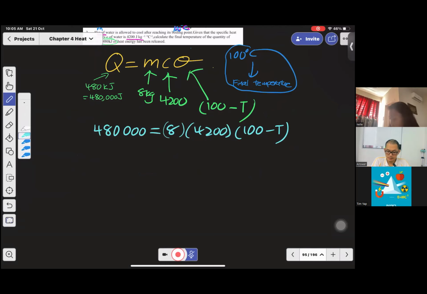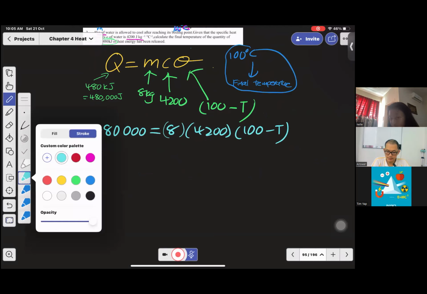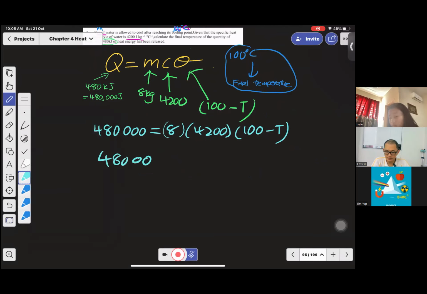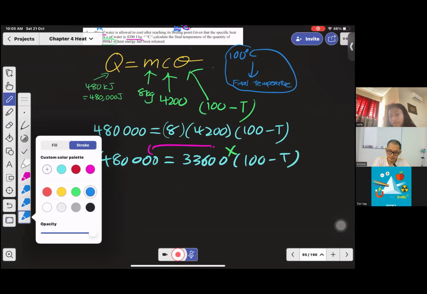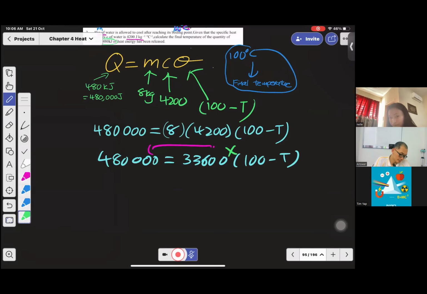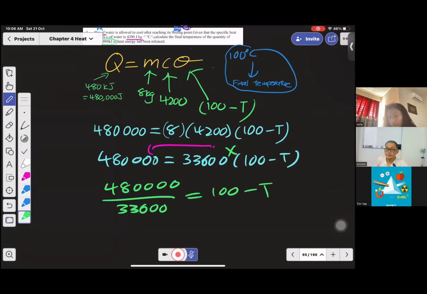Yes. You can solve this part first. So after that, this is multiply, right? You shift this to the other side. Okay, then you shift to get your T. Now try first.